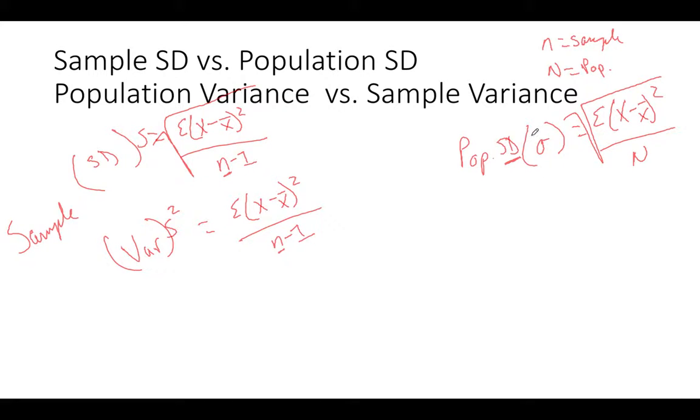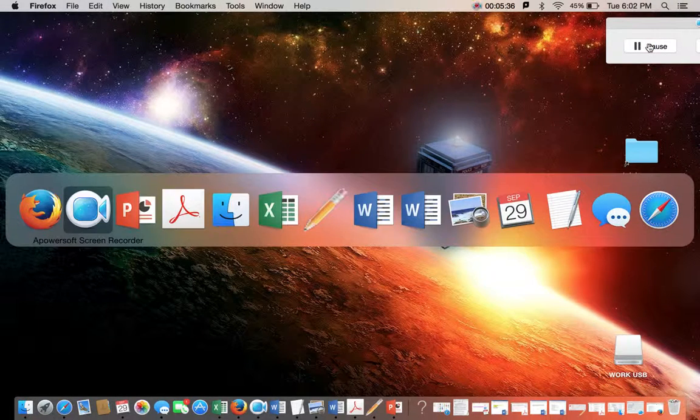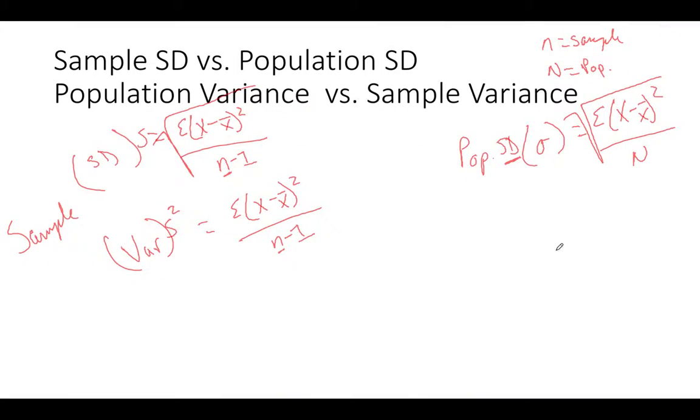Now, in the case of the population variance, our formula is going to look exactly like our variance formula from the sample, but just a little bit different.